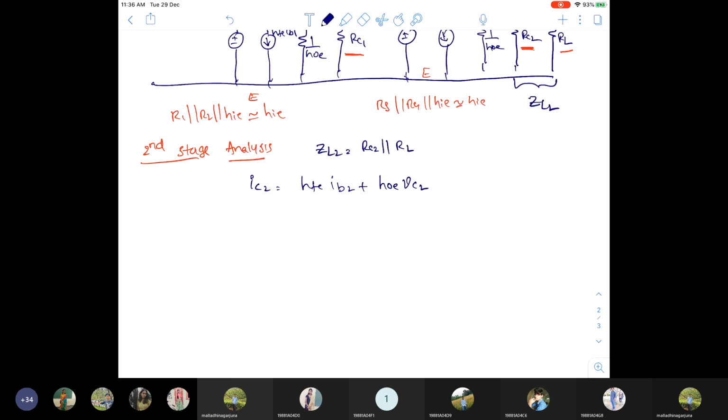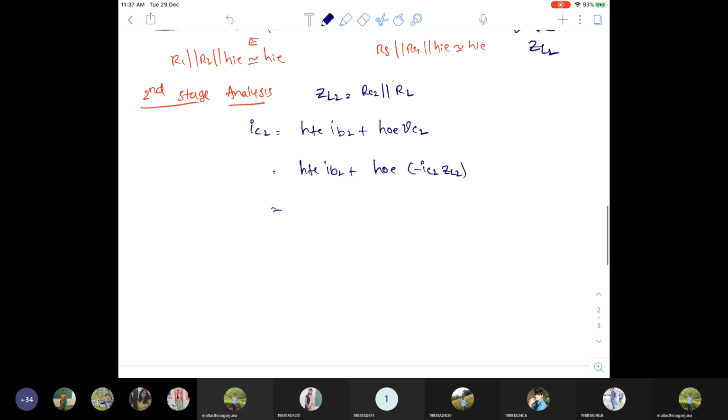So that is HFE IB2 plus HOE times minus IC2 ZL2. You can see the H parameter analysis for a single stage, the same as it is. So IC2 plus IC2 HOE ZL2 equal to HFE IB2, whereas IC2 by IB2 equals HFE by 1 plus HOE ZL2.